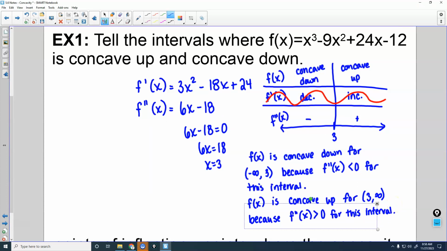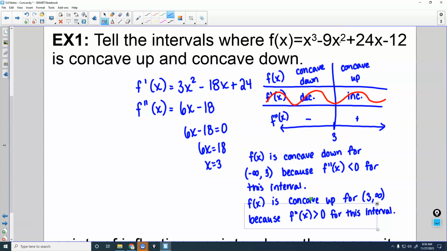So in general, whenever you're doing these problems that have equations, you typically want to look at the second derivative, and if it is positive, your function is concave up. If it is negative, your function is concave down.